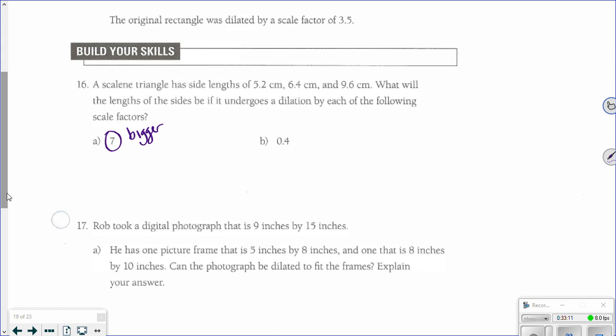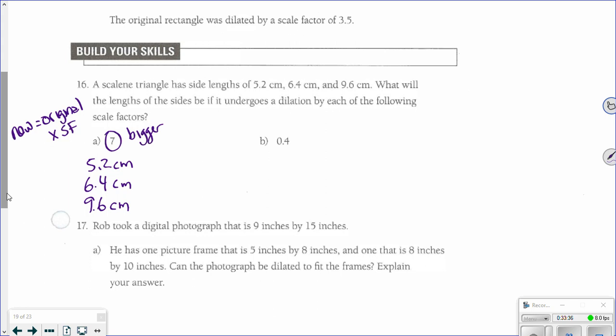I take all three of my side lengths and times them by my scale factor, because my new side lengths equal my original times my scale factor. My originals were 5.2 centimeters, 6.4 centimeters, and 9.6 centimeters.